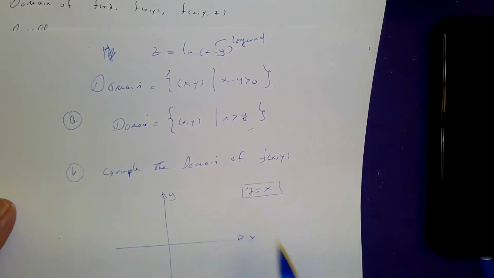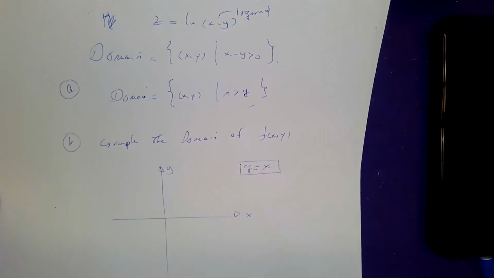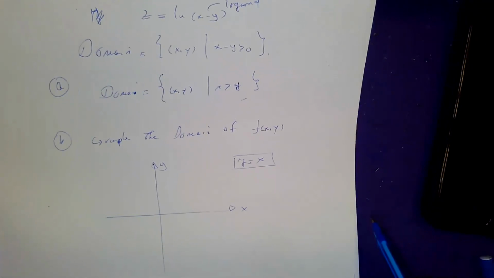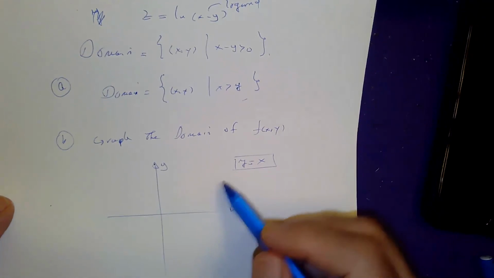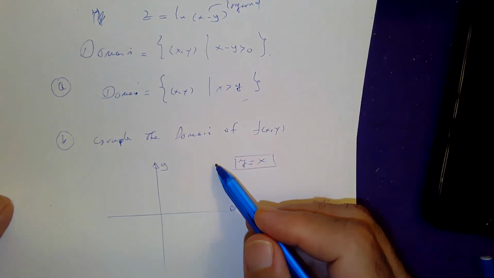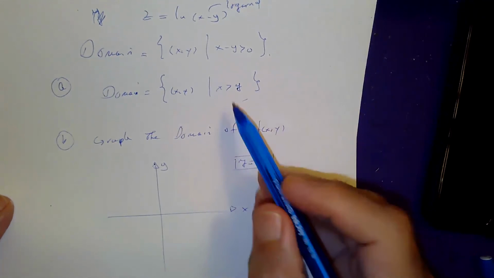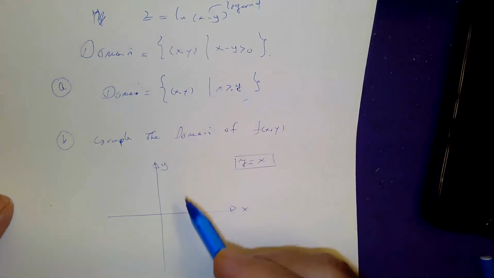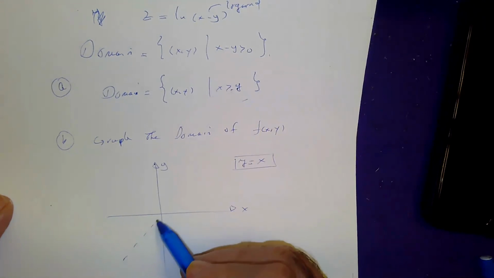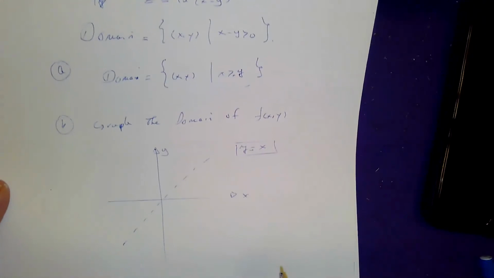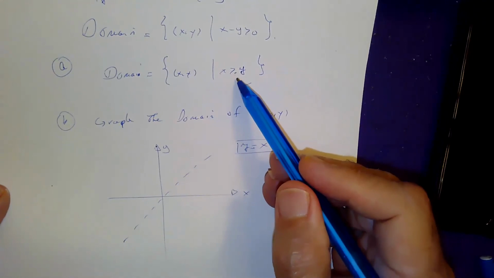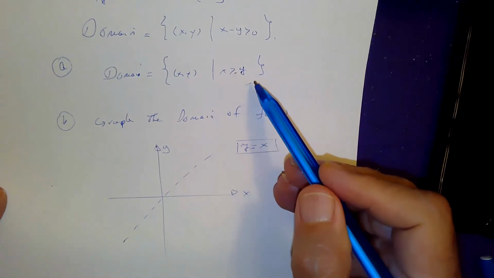Does anyone know? It is a straight line, 45 degrees, and it goes through the origin. Remember in algebra classes, when there was no equal sign, it had to be a dotted line, remember? Meaning, I'm not allowed to take any point on the line.